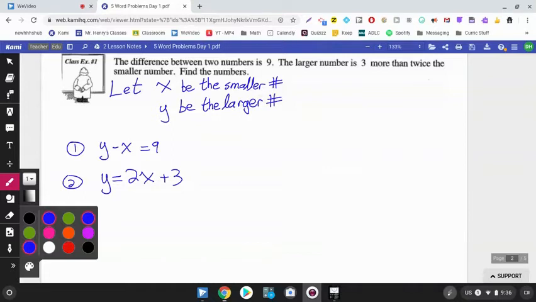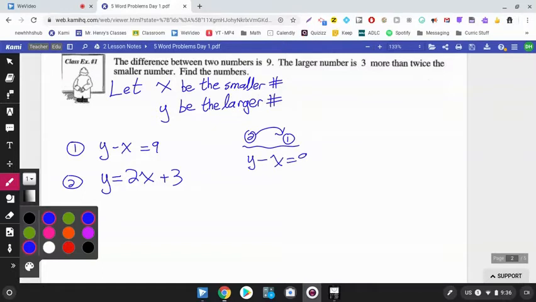It's my choice. I think it's really easy to do substitution because equation number 2 is already isolated for y. So let's take equation 2 and substitute it into equation 1.